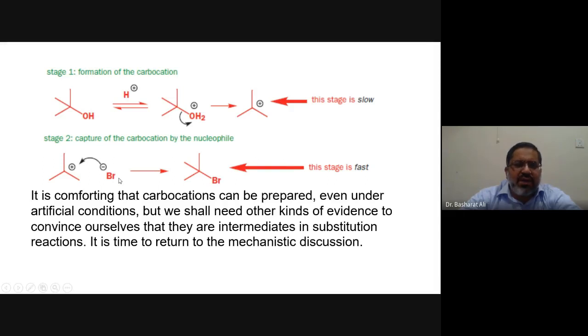On the other hand, attack of the nucleophile on the carbocation is a fast step and it is not included in the rate determining step. It is comforting that carbocations can be prepared even under artificial conditions, but we shall need other kinds of evidence to convince ourselves that they are intermediates in substitution reactions.